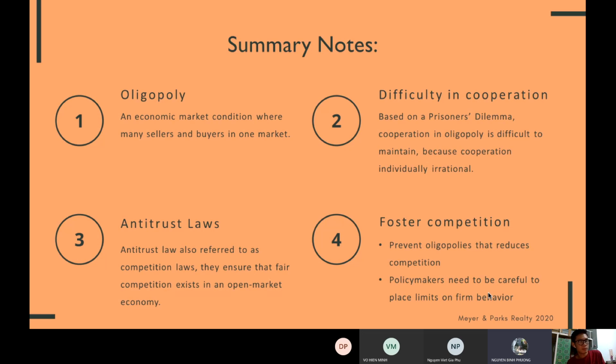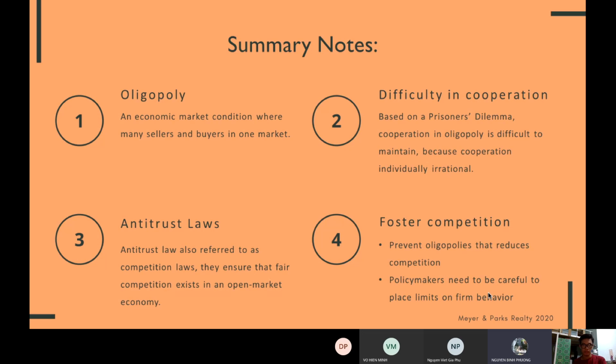Meanwhile, perfect competition is lots of buyers and sellers, which means that oligopoly is in between them and has two or three sellers in one market. Oligopolies could also maximize their total profit by forming a cartel and acting like a monopolist. Well, it's hard to cooperate because cooperation is not in the best interest of individual players and is individually irrational.